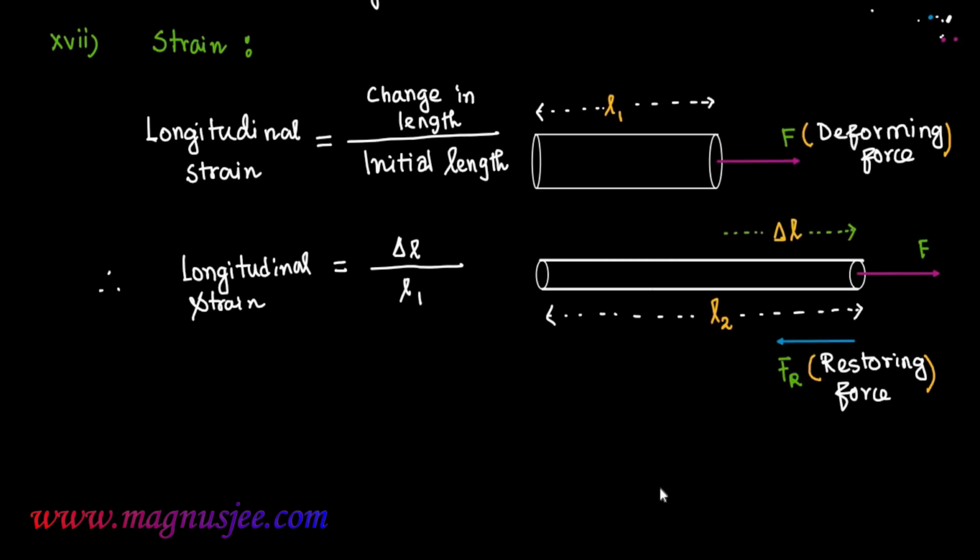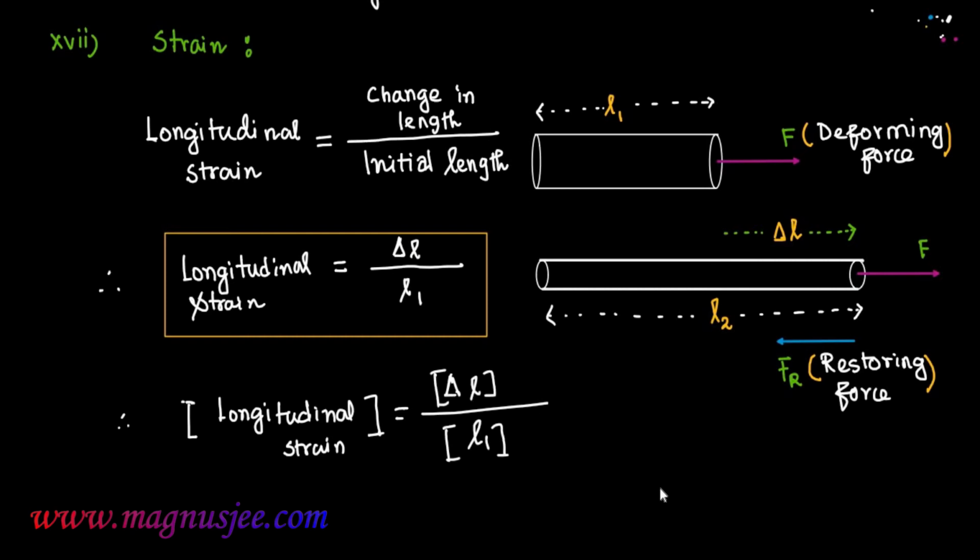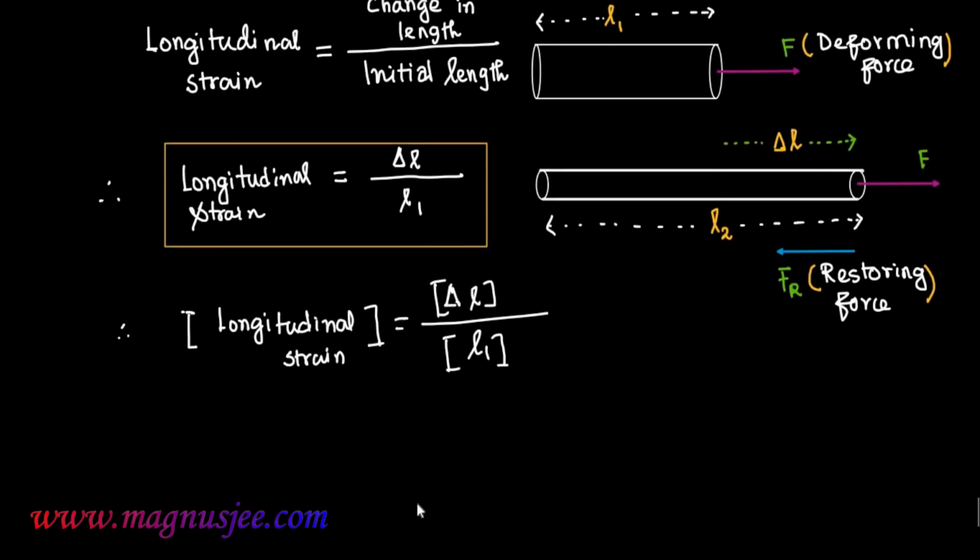Now we have to find the dimensions of longitudinal strain. The expression of longitudinal strain is delta L by L1. Therefore dimensions of longitudinal strain equal dimensions of delta L divided by dimension of L1, where delta L is the change in length or increase in length, and L1 is the initial length.